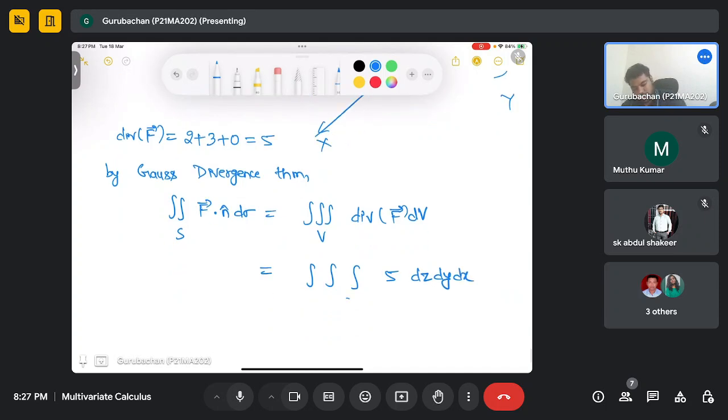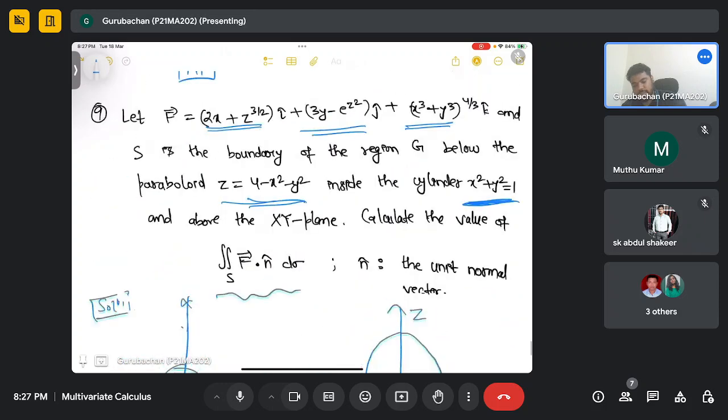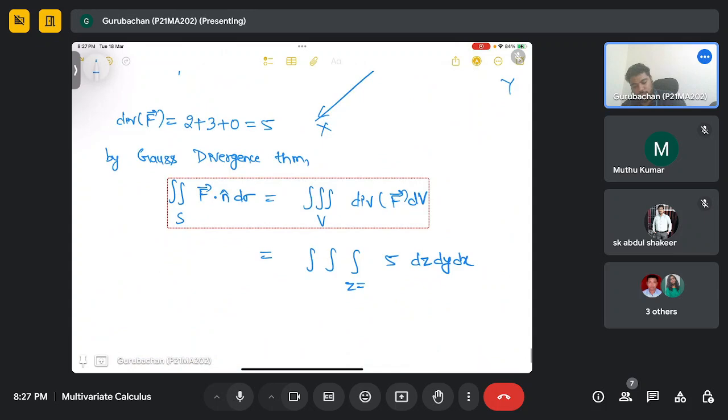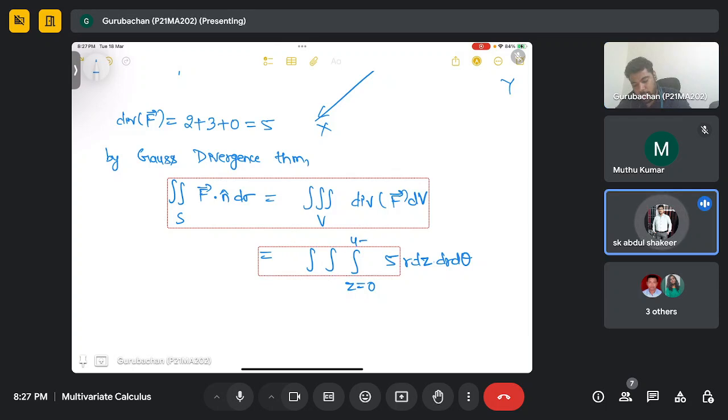So z is going from 0 to 4 minus x square minus y square. I am just skipping one step and directly taking cylindrical coordinates. I hope you will understand that; if not, you can ask me. So x square plus y square is r square, giving 4 minus r square.